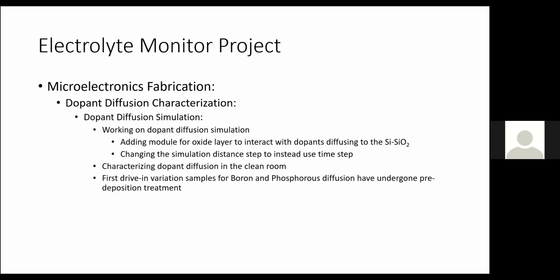And then some changes to the simulation, changing it from a distance step to a time step instead. And currently we are working on in-person dopant diffusion characterization, but there are a few issues with that, so that will be delayed.